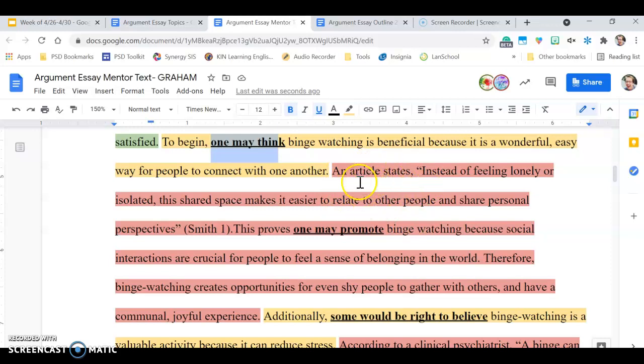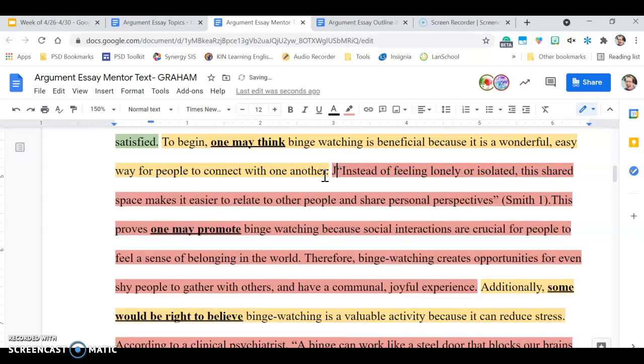So I can still use a transition like this, or a way to incorporate it is to make the quote part of my sentence. So instead of "an article states," I could do something like, I've said here in my main point, one may think binge watching is beneficial because it's a wonderful, easy way for people to connect with one another. I could say something like, I don't know what the first name of the person might be, but let's pretend it's John.